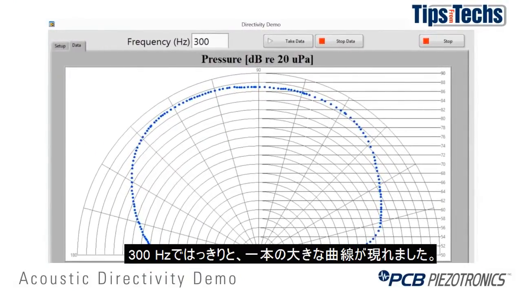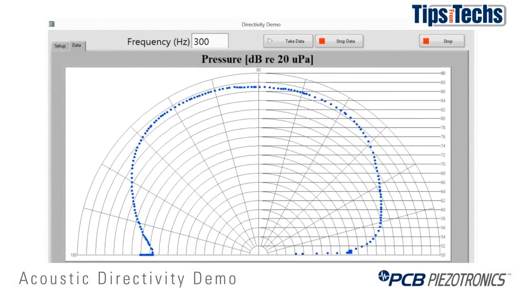And you can see very clearly one large beam at 300 Hertz.